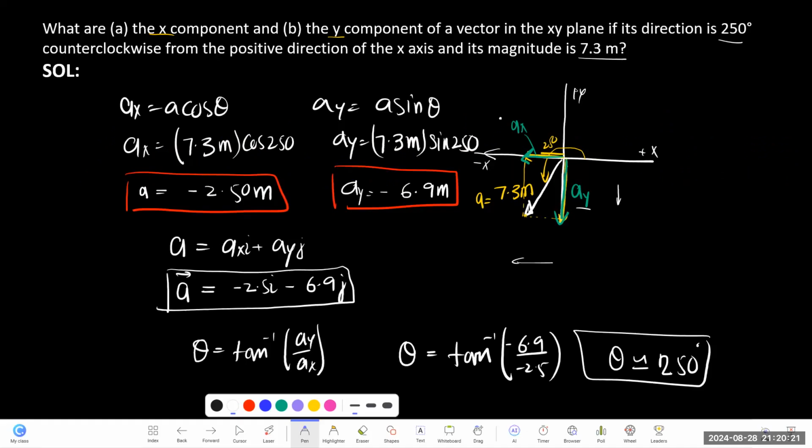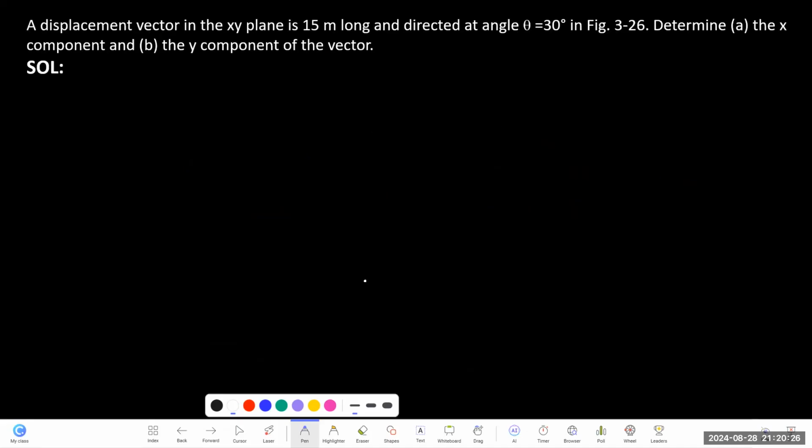Let's take a look at another problem. In this problem, we're going to be talking about a displacement vector in the xy plane that is 15 meters long and directed at an angle of 30 degrees. In figure 3.26, determine the x component and y component.